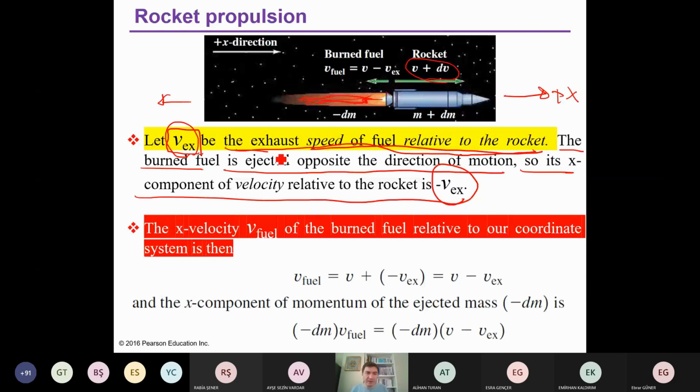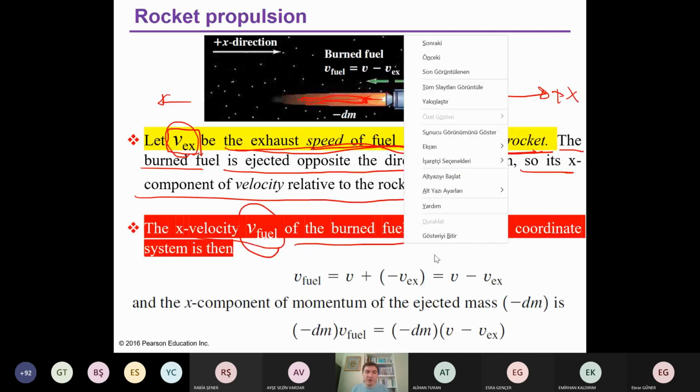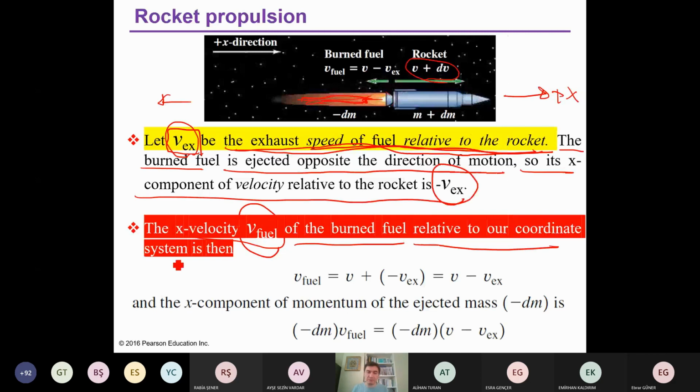Don't forget. And what about the x velocity of the burned fuel relative to our coordinate system? You are watching this rocket from the ground. Then what is the velocity of this burned fuel relative to our coordinate system?